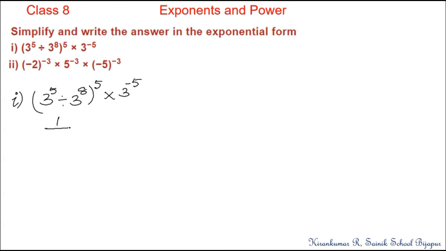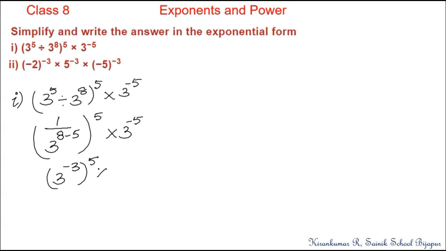So the result has to be 1 upon 3 to the power of 8 minus 5, raised to the power 5 multiplied to 3 to the power of minus 5. This will be same as 3 to the power of 3. When 1 by it is there, it can be written as 3 to the power of minus 3 to the power of 5 multiplied to 3 to the power of minus 5. We get it as 3 to the power of minus 15 into 3 to the power of minus 5. So this is 3 to the power of minus 20. The powers should be added up.